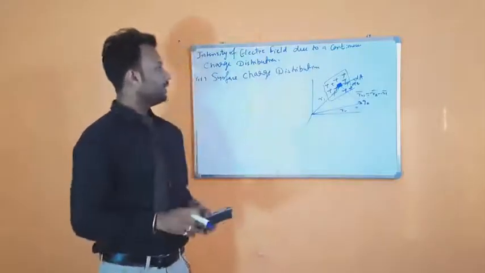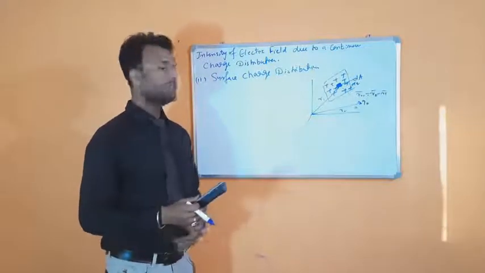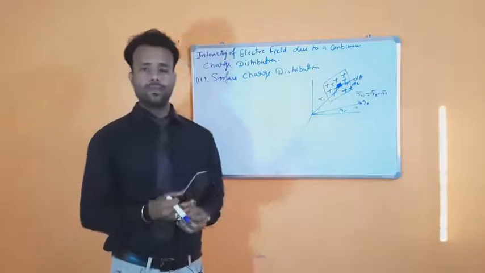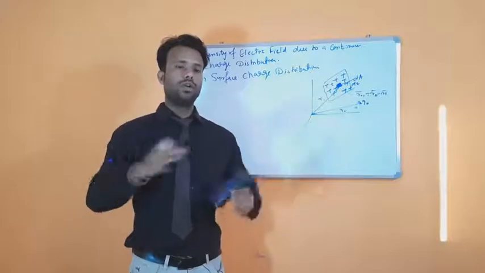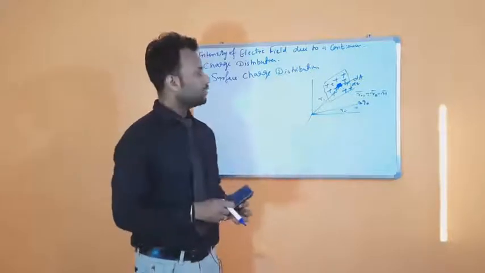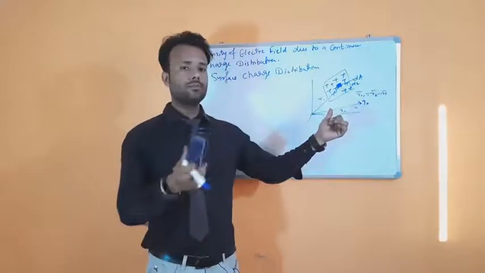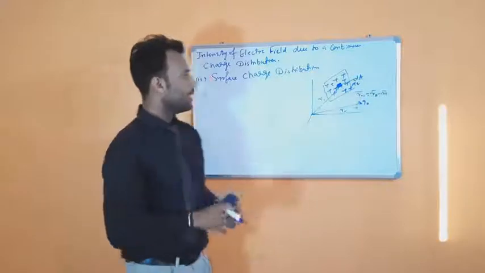Now similarly, we can have another type of distribution which is known as surface charge distribution. In this case, we have a thin, uniform sheet, and we distribute the charge on it uniformly. Again, you can see here we have a very small, infinitesimally small area element dA having a charge dq.